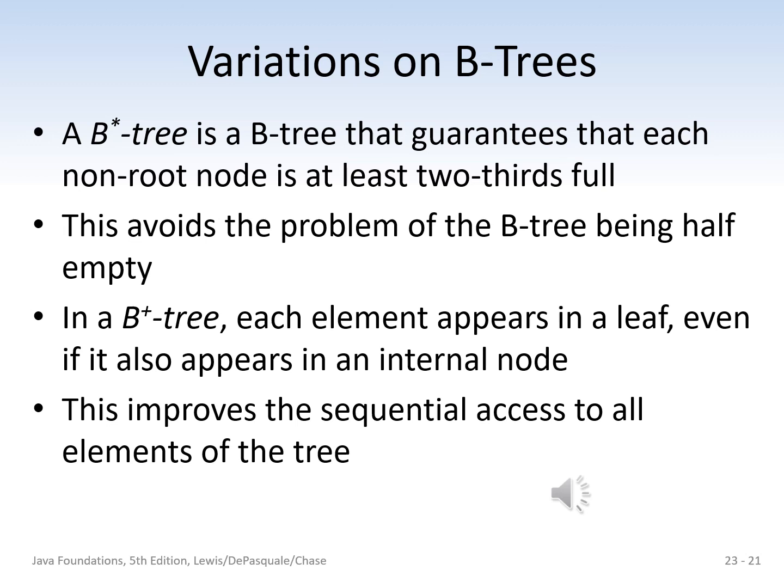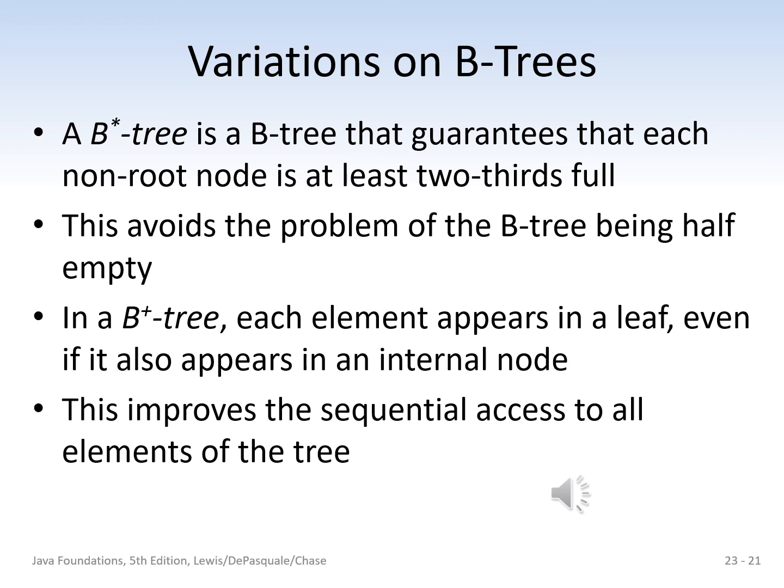So a B star tree is a B tree, however, that guarantees that each non-root node is at least 2/3 full. And this avoids the problems of the B tree being half empty.